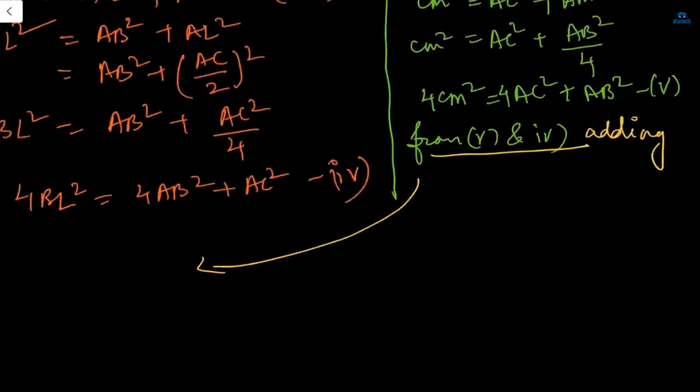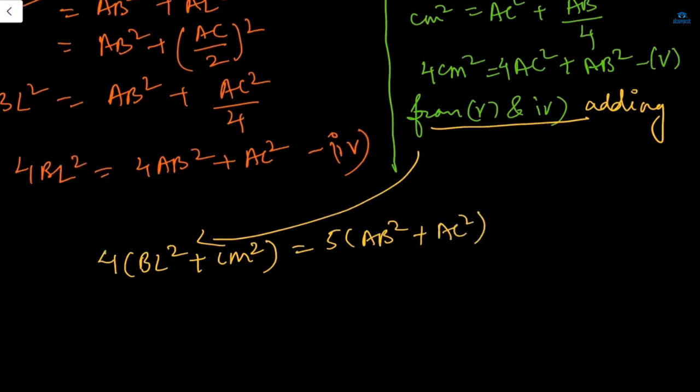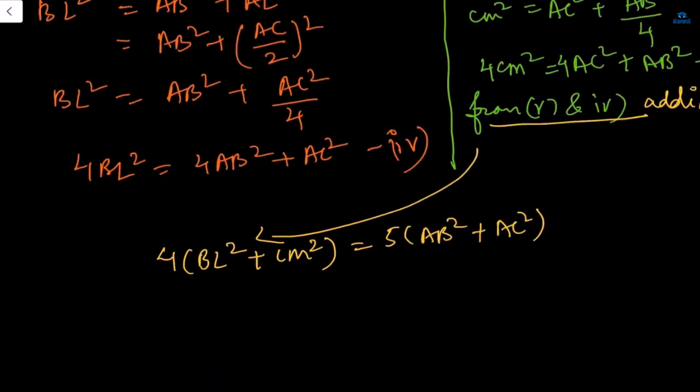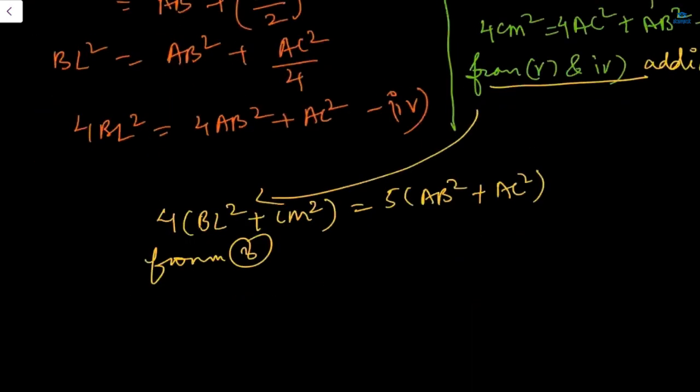If you add, 4 will be common, BL square plus CM square is equal to 4AB square and 1AB square here, and for AC square in the first one and 4AC square. So 5AB square plus AC square. And AB square plus AC square we already know from the third, what is it? It is BC square. So you have got 4 BL square plus CM square is equal to 5 BC square.